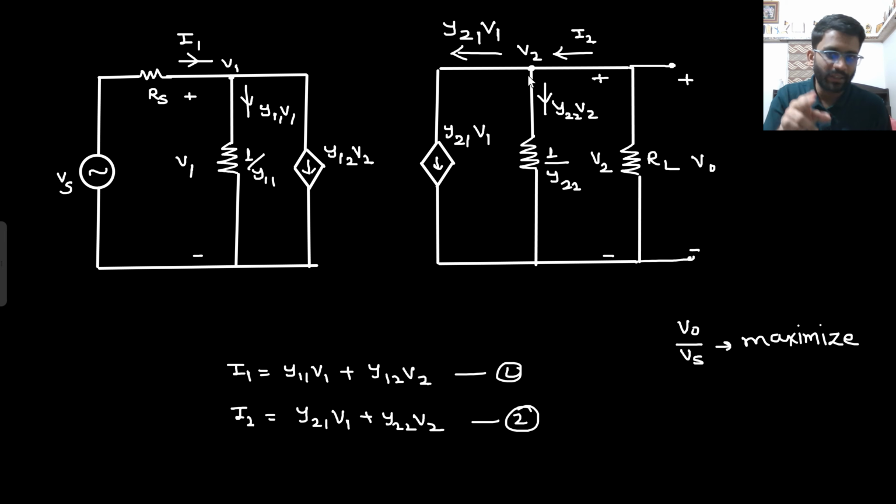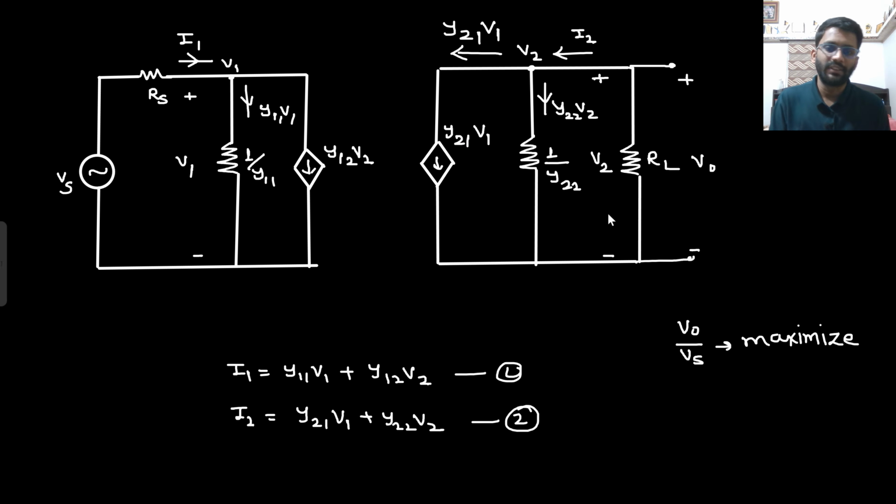This resistance is infinity, so the complete current is flowing through RL. So what is your V naught? V naught is Y21 V1 into RL and a minus sign, because this current is flowing like this, right? That will be your V naught.